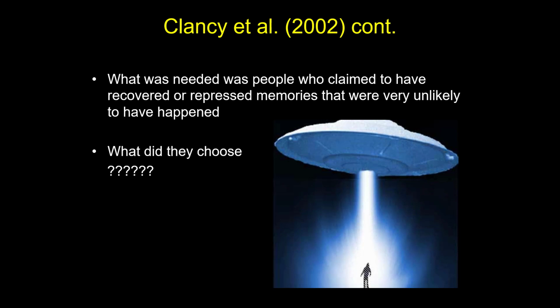So they invited people to participate in the study if they indeed had recovered or repressed memories that they'd been abducted by aliens. Now, the researchers reasoned that alien abduction was completely impossible, and anybody who has a memory or a recovered memory of being abducted by aliens has a false memory of that, right? Because it just cannot be true.